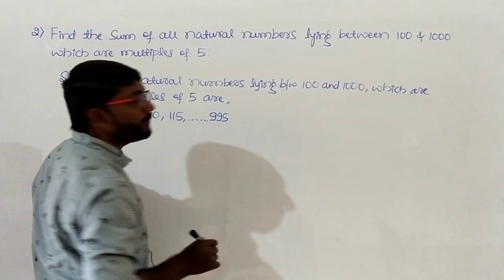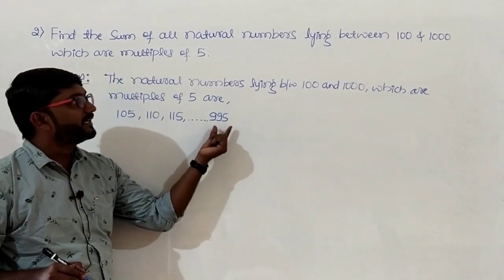The last number which is a multiple of 5 is 995.